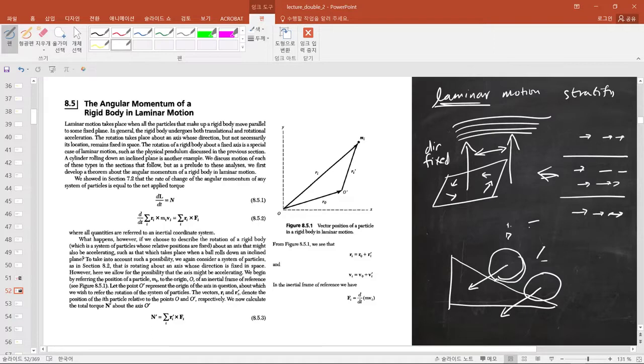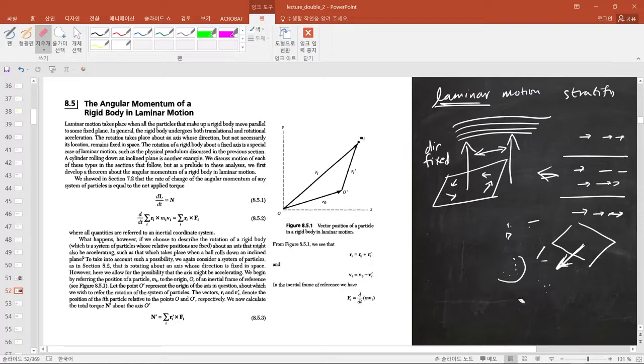The direction always points in the same direction, but this axis is not fixed. Okay, so that is also a laminar motion, because all the particles are always moving around a direction perpendicular to this axis here, the axis of rotation. Okay, so that is the definition of laminar motion.